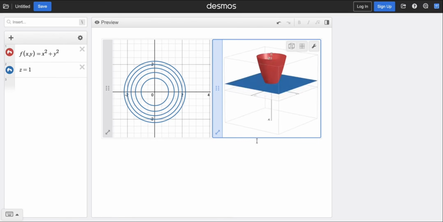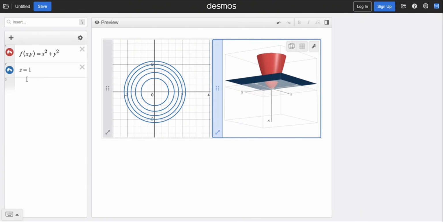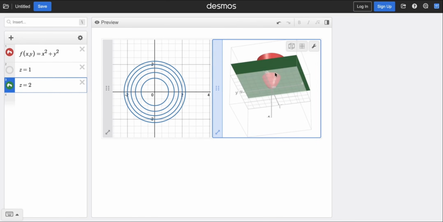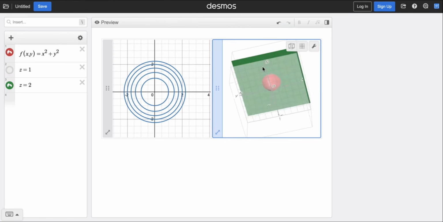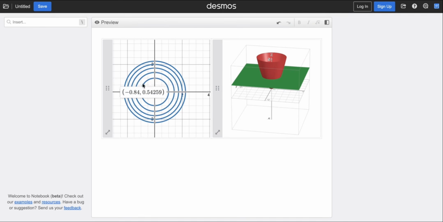So if you were to project that to 2 dimensions, it would look like a circle centered at the origin. If I wanted to find all the possible points where my z value was equal to 2, then it would form a bigger circle centered at the origin.